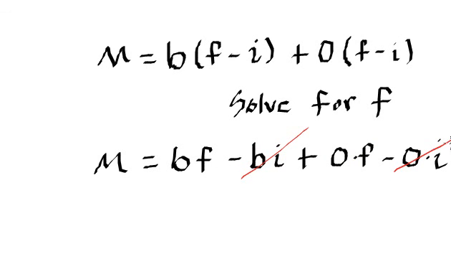But what we do to the right hand side, we've got to do to the left hand side. So we added a BI and an OI as such. So when we write this over on the right hand side, we've got to make sure we also write it over on the left hand side.